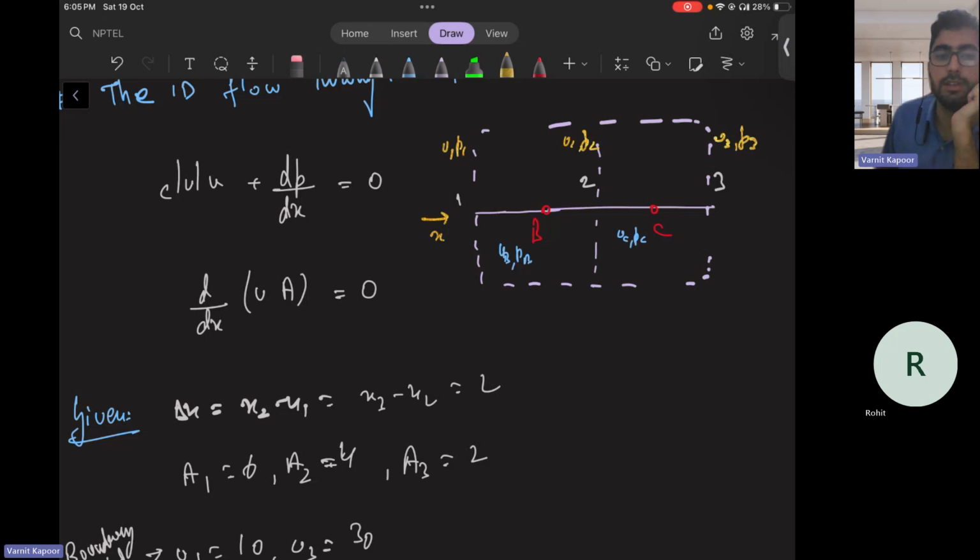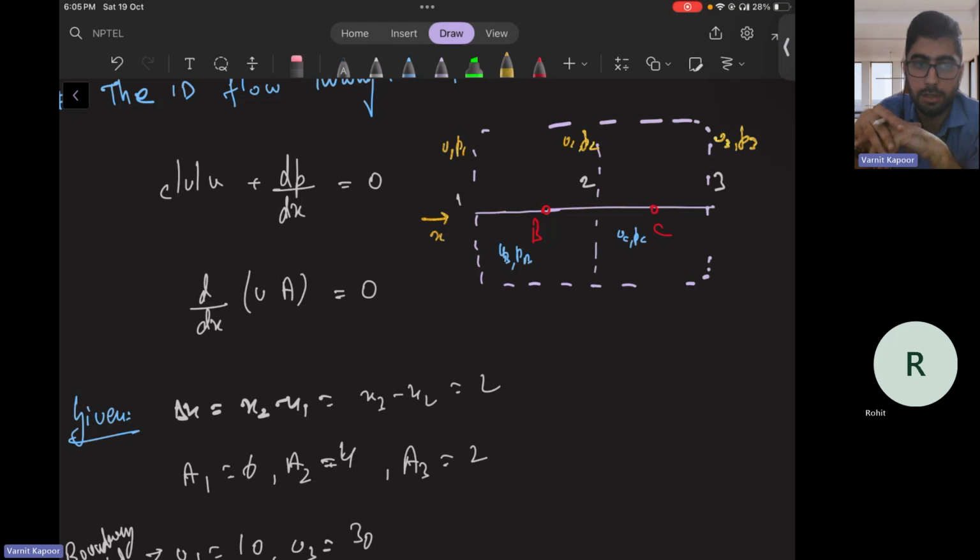What we see is that both boundary conditions are given for the velocity. So essentially, there is no boundary condition for pressure given in the problem. And the question says that you calculate the cell velocities and the cell pressures, that is UB, PB, UC, PC, as well as we are asked to calculate the boundary pressures P1 and P3, because they are not given, only the velocities are given as a boundary condition.